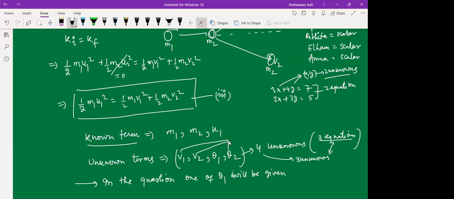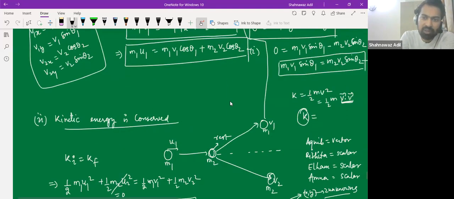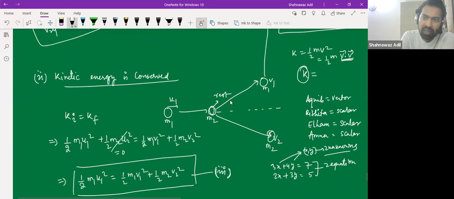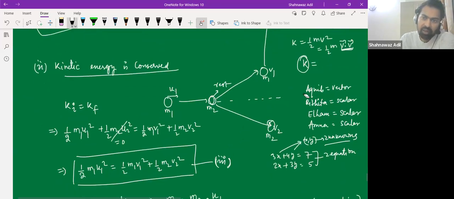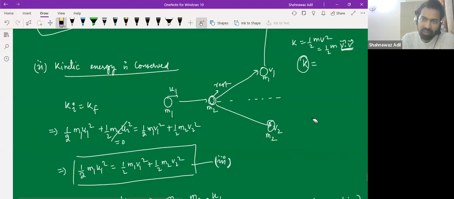So these are the three important equations that we have to remember. Please note down this kinetic energy one, and then we will do one question. One more property we have to talk about, but I will talk about it after doing one question.